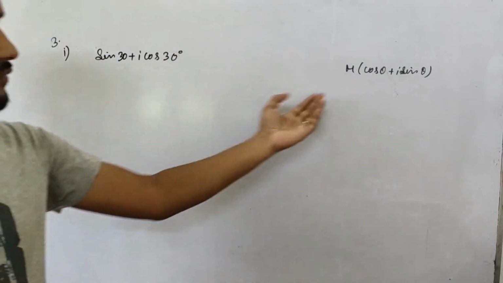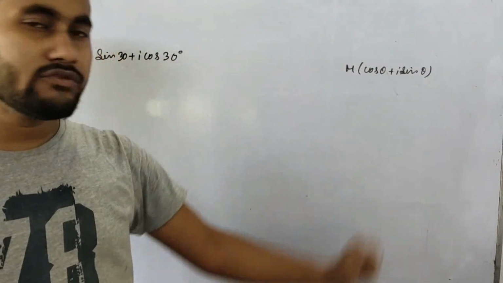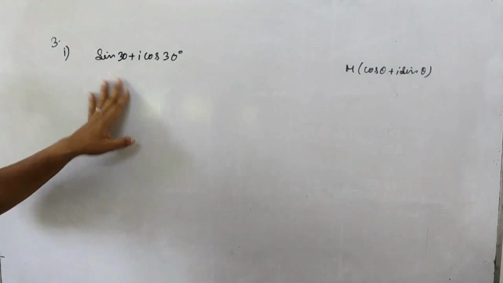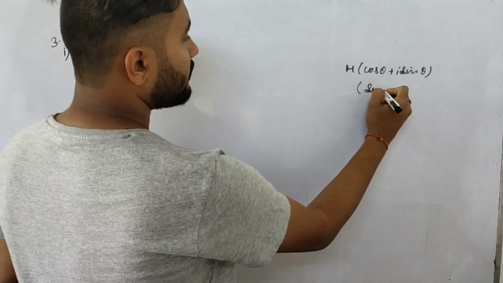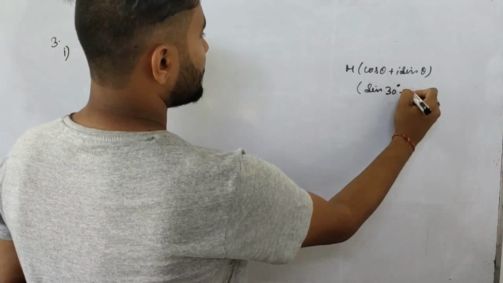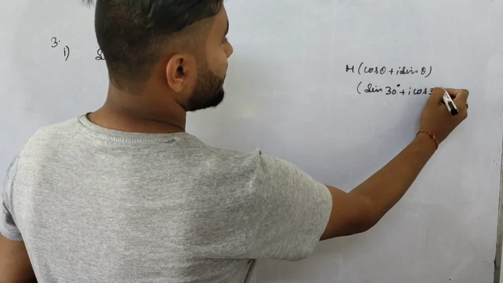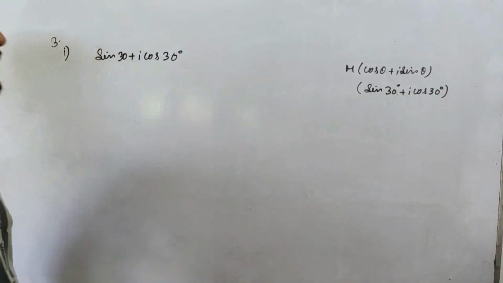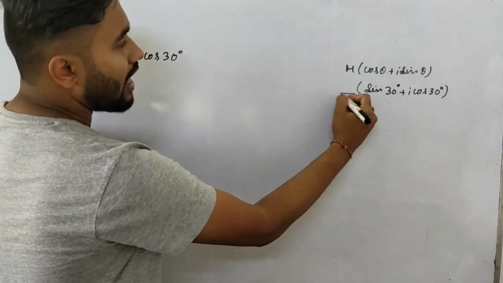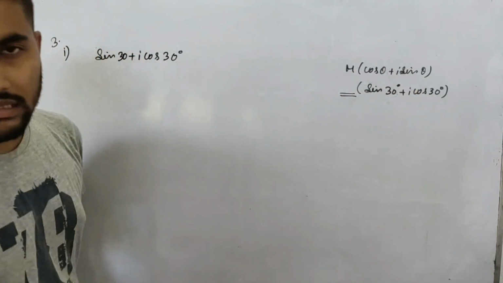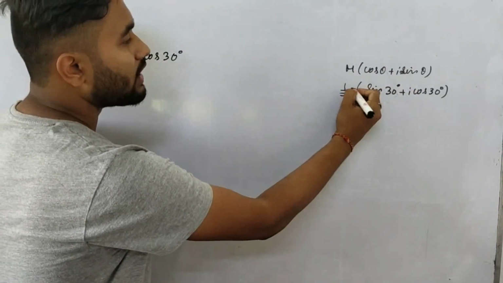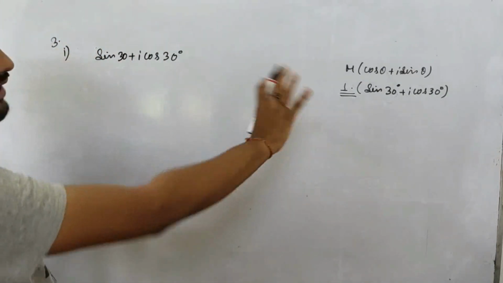If you see closely, i always remains with sin theta, but here it is opposite. Here it is sin of 30 degree plus i cos of 30 degree. So this part is opposite. And what is R? I have to write R also, R and theta. So very simple, R into cos theta plus i sin theta, right? So there can only be one number, that is 1 into. So R is already got.